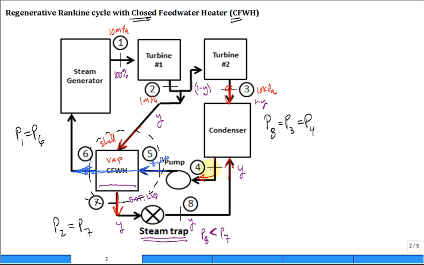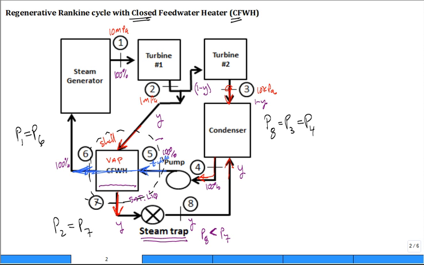So when it goes out at 4, you're back to 100%, aren't you? Then you're at 100% on the outlet of the pump, 100% on the inlet to the steam generator, and there you go. So you've traced your mass flows. It's 100%, then it splits into Y and 1 minus Y, but then they join back up. So that's going to be needed when we do the energy balance for this control volume around the closed feed water heater.